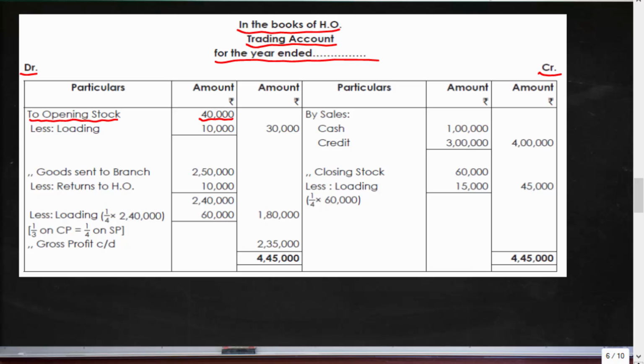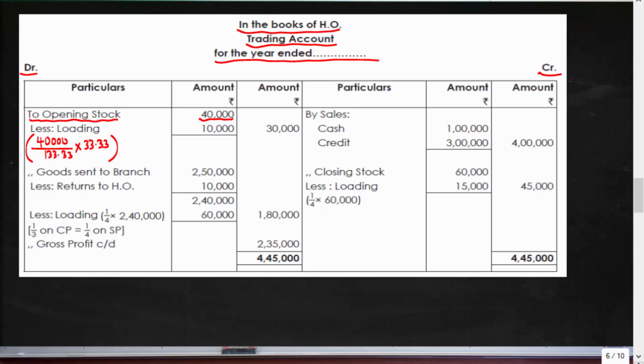Why are we writing in the inner column? We have to remove the profit that is loaded. And how are we going to remove it? It is simple. This 40,000 is equivalent to 133.33. So what is 33.33? If you can find that out, that will give you the value.